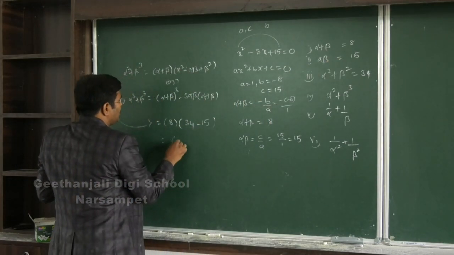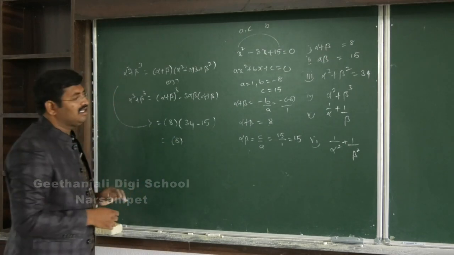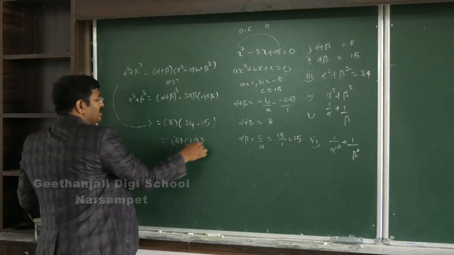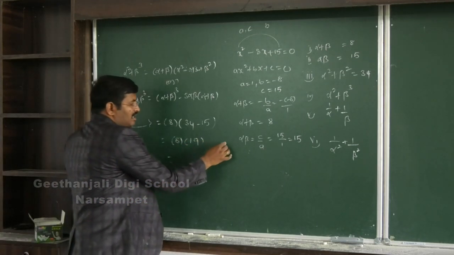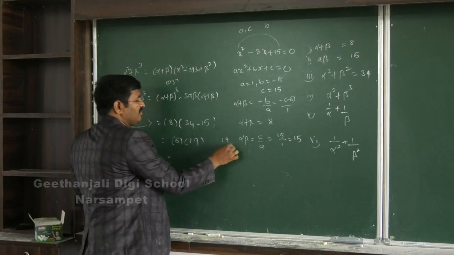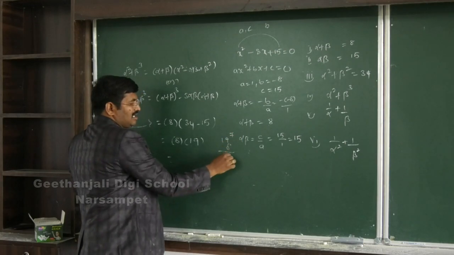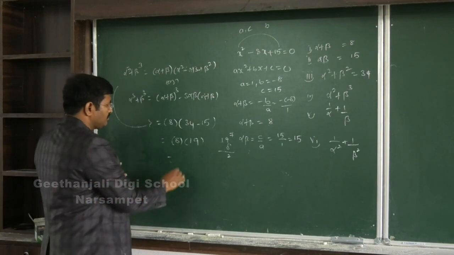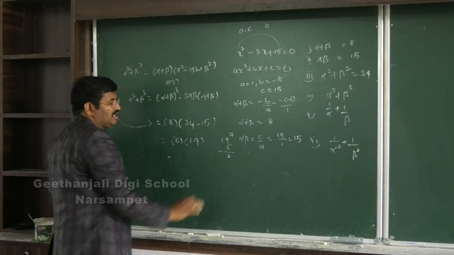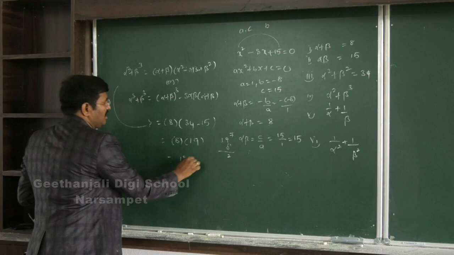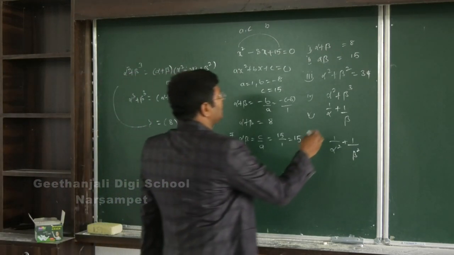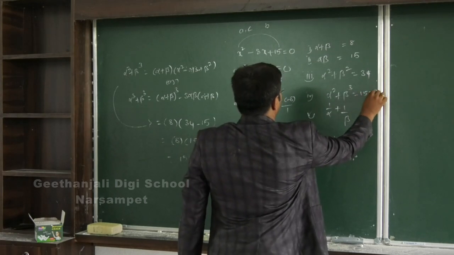Then you get 8 into 34 minus 15, which is 19. 19 times 8, what do you get? 8 nines are 72, 8 ones are 8, so 152 is the answer. This is alpha cube plus beta cube, 152.